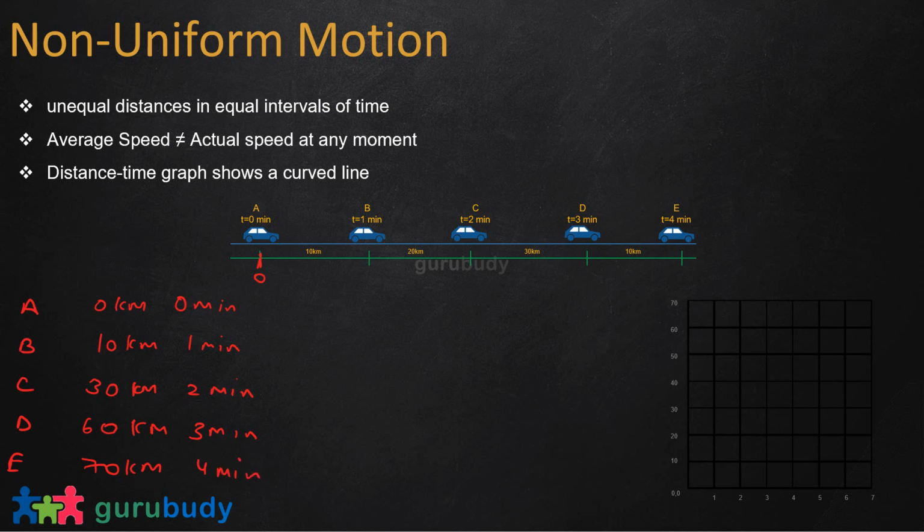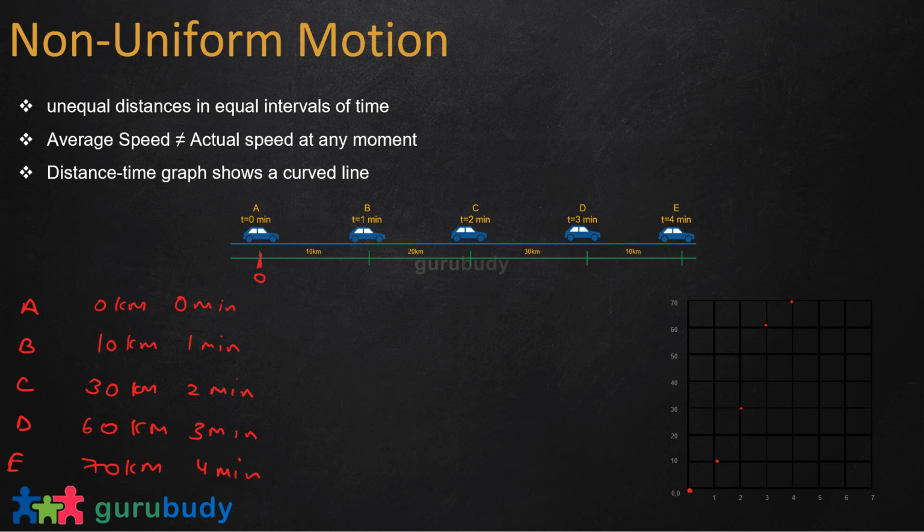Okay, now if I want to plot this, point A is going to be here, point B is going to be here, right? Point C is 30, so it's going to be here. Point D is 60, so it's going to be here, and point E is 70, it's going to be here.